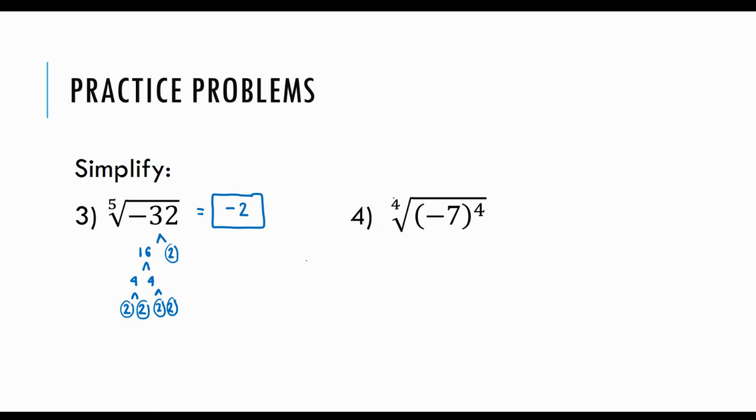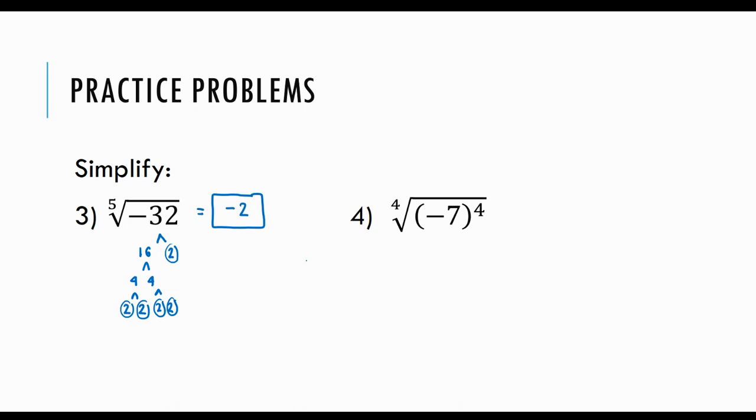This next one, notice that we have an even index, okay? So we have to remember that rule that anytime we have an even index, our final answer has to be greater than or equal to 0. So right now I see a negative number underneath that radical, but because it's raised to an even exponent, hopefully we're okay with understanding that we're going to be multiplying that negative by itself 4 times.